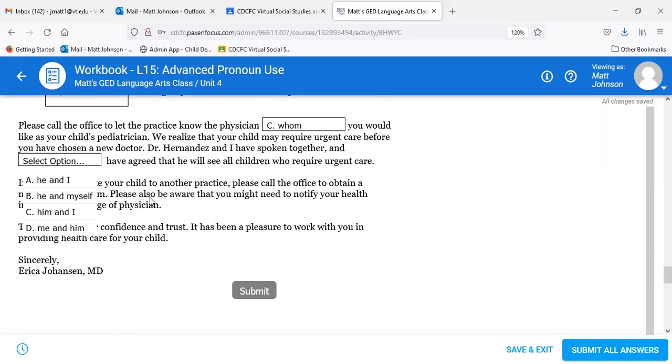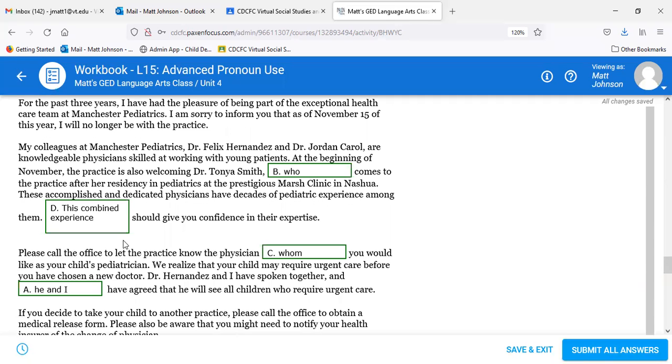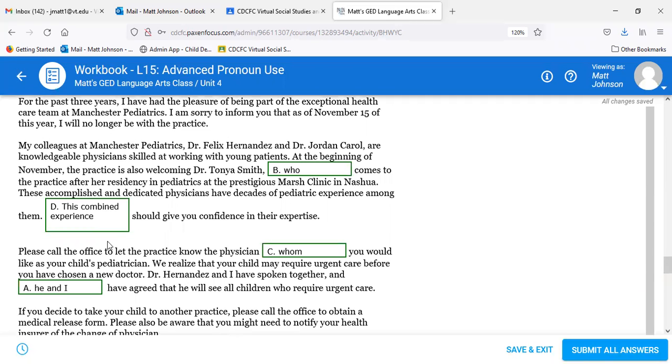Him and I. Did you say A? Yeah. He and I. A. Just like here, Dr. Hernandez and I have spoken together, and he and I have agreed that he will see all children who require urgent care. So we have B, D, C, A.